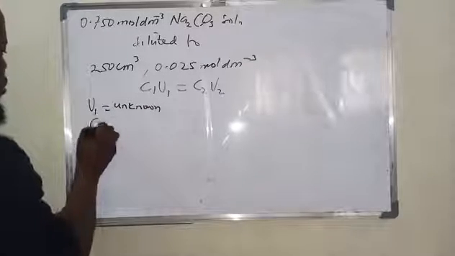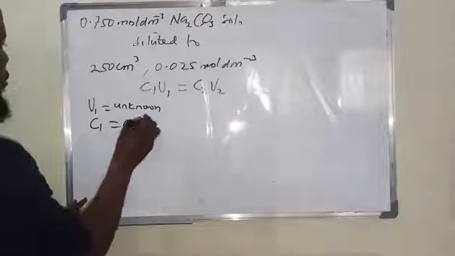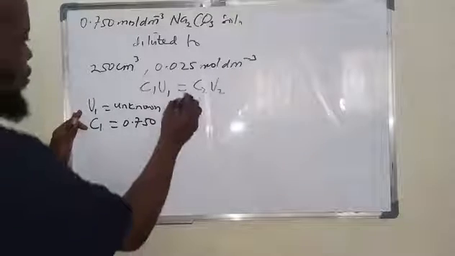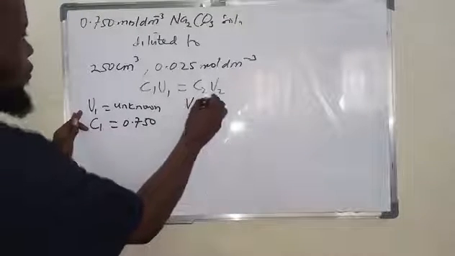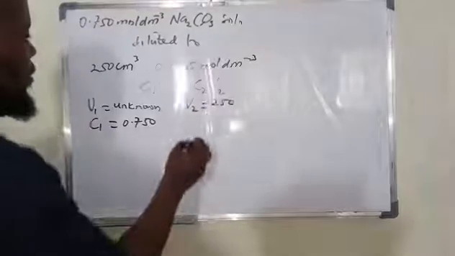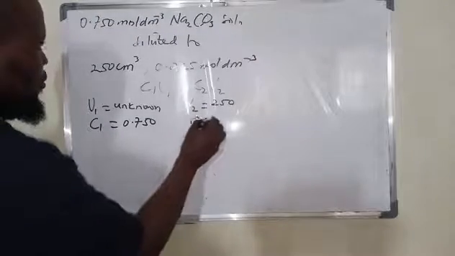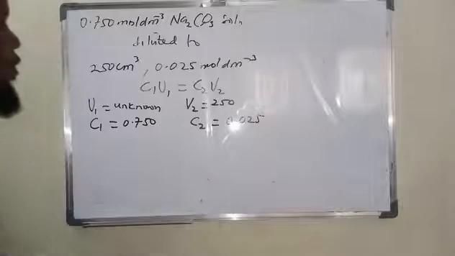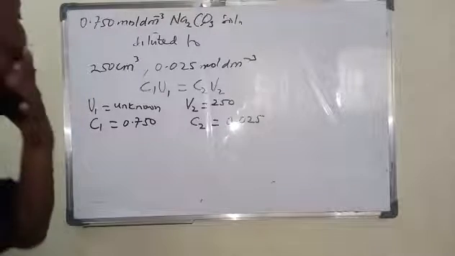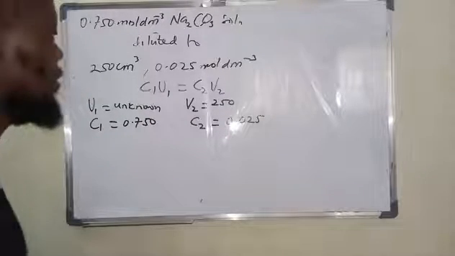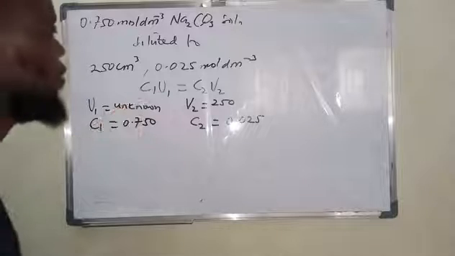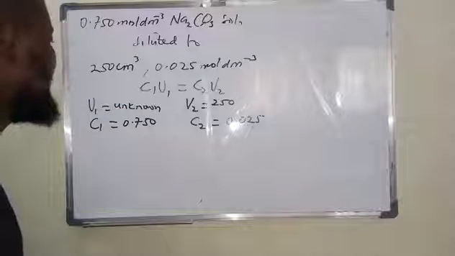Then the initial concentration is 0.750. Then they are diluted to a new volume of 250, and a new concentration of 0.025. So we can see from here we have all the information needed to determine the value of V1 from this formula.